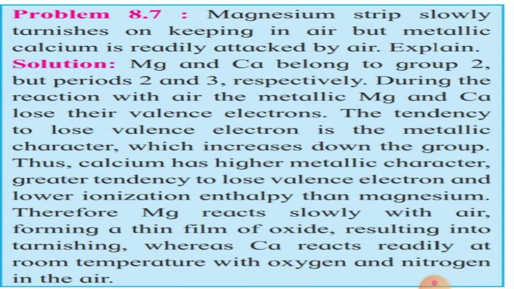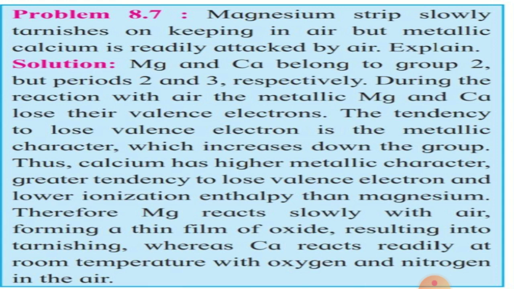As we know, down the group metallic character is increasing, so calcium has more metallic character. It will have a greater tendency to lose valence electrons. The one which gives an electron is metallic, as we have studied earlier. And this calcium has lower ionization enthalpy than magnesium.